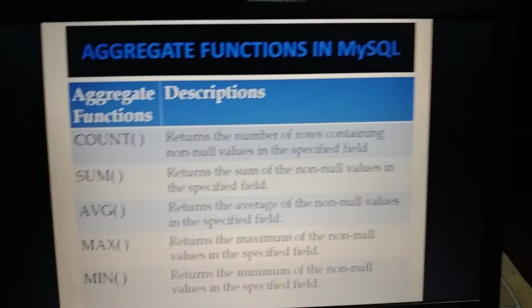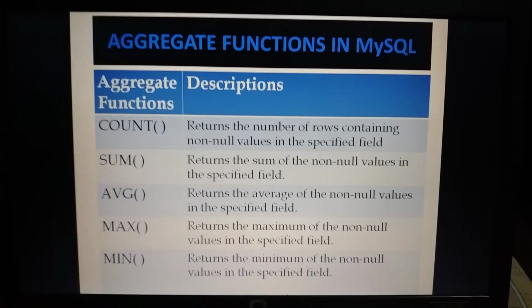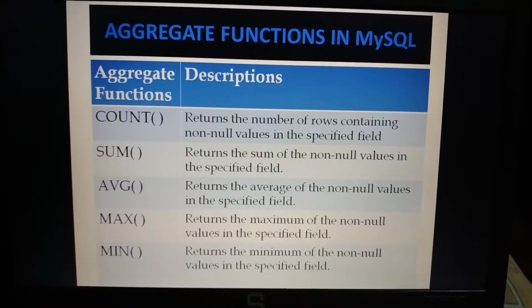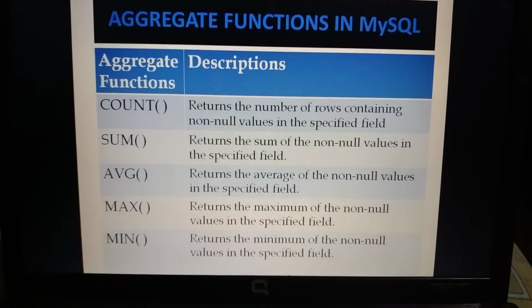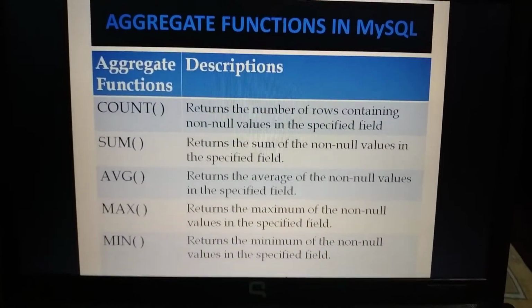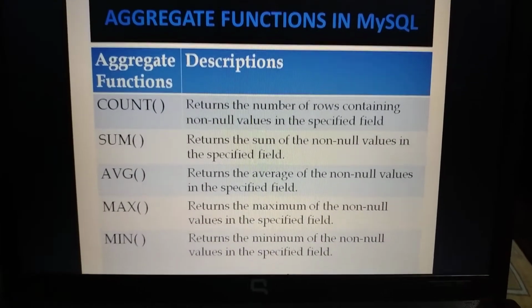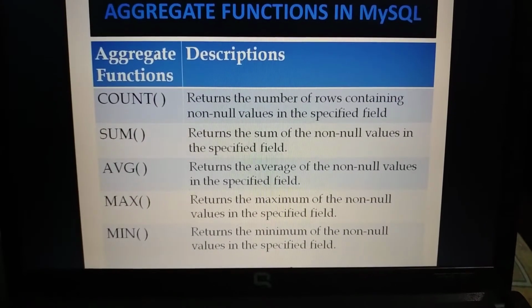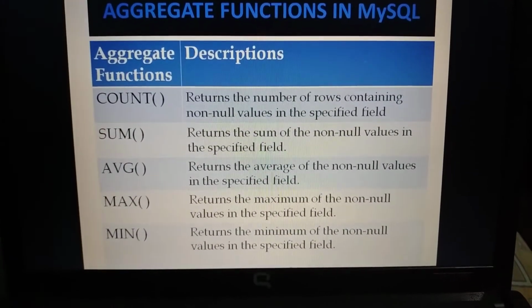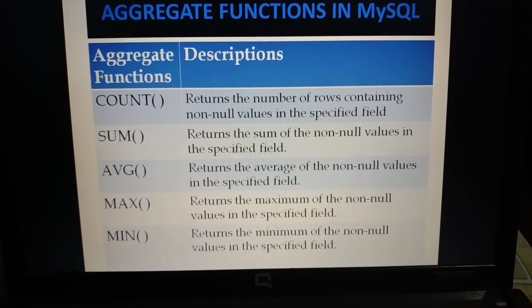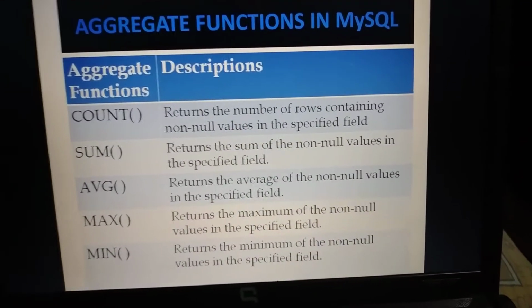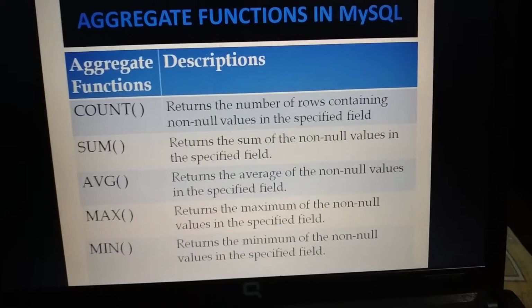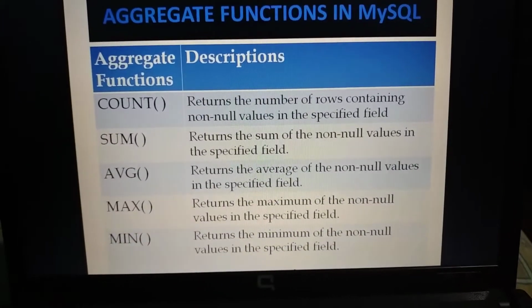Now you can see here the aggregate functions in MySQL. Basically there are 5 aggregate functions. The most important one is the count function. As you can see here, it returns the number of rows containing non-null values in the specified field. Non-null values means the rows which contain some values. Next function is sum.